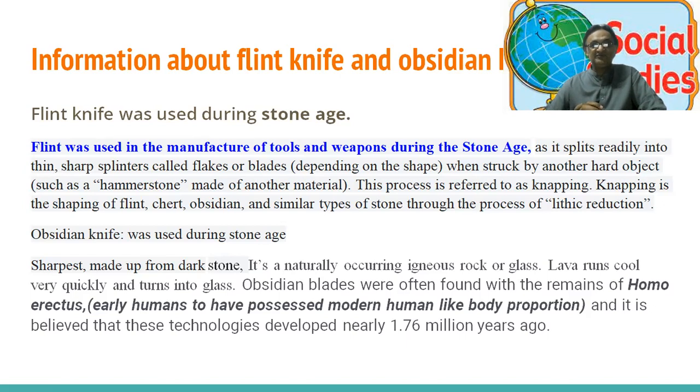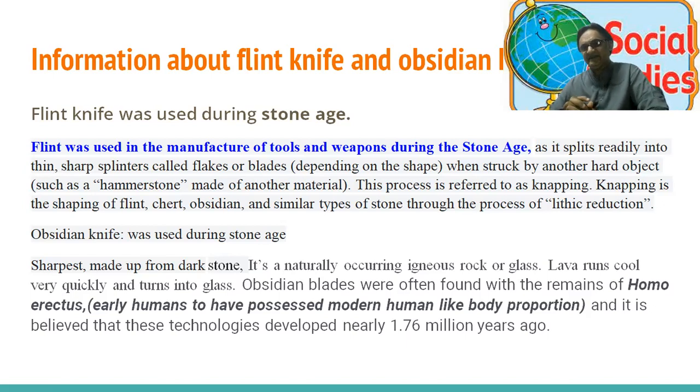The obsidian knife was also used during the Stone Age. It is the sharpest, made from dark stone. It's a naturally occurring igneous rock, or glass, formed from raw lava that cooled very quickly and turned into glass. Obsidian blades were often found with the remains of Homo erectus.